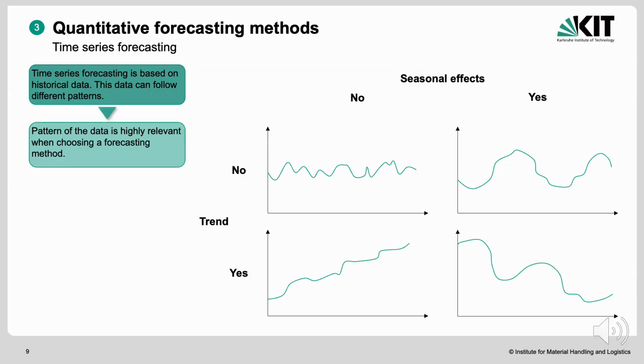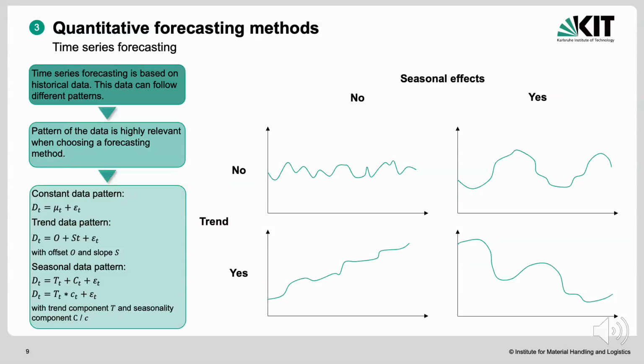Look at this, it is obvious that it is very important to know what type of pattern of data we have when you choose the forecast. So for constant data, the demand is composed of an average value, or actually an unknown true mean.